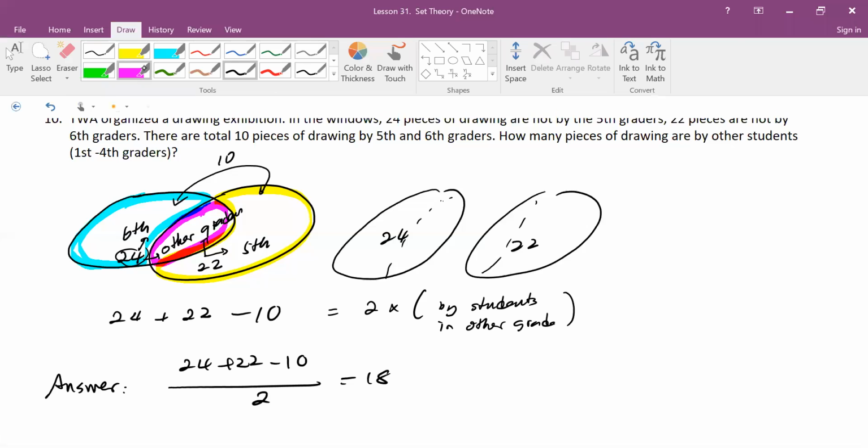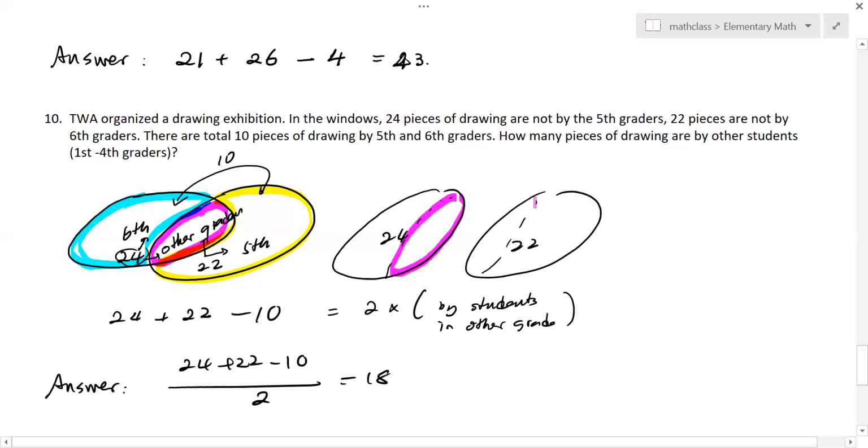So this is what I'm going to get here, and the same here. Those are the other students.